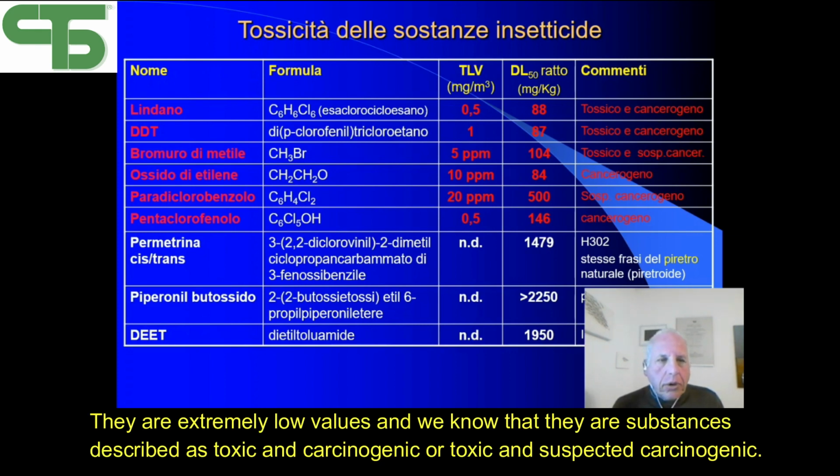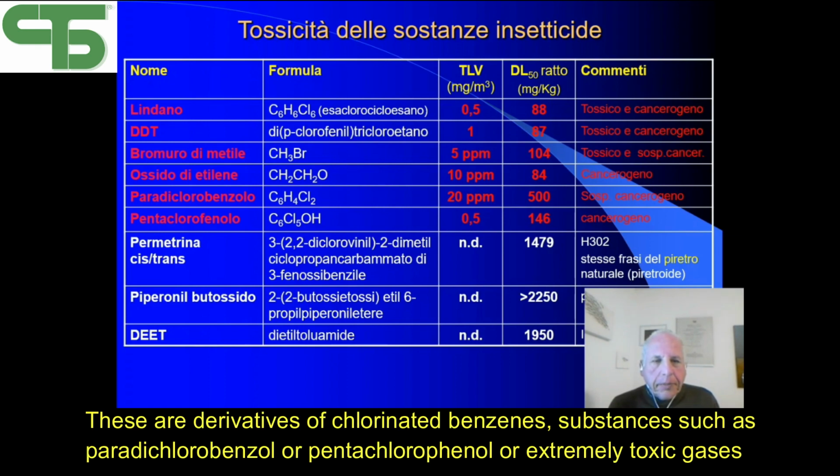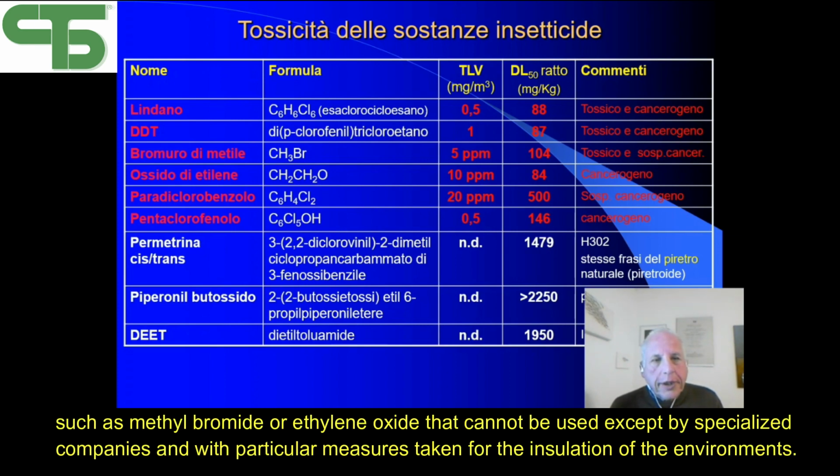We know that they are substances described as toxic and carcinogenic or toxic and suspected carcinogenic. These are derivatives of chlorinated benzenes, substances such as paradichlorobenzol or pentachlorophenol, or extremely toxic gases such as methyl bromide or ethylene oxide that cannot be used except by specialized companies with particular measures taken for the isolation of the environment.